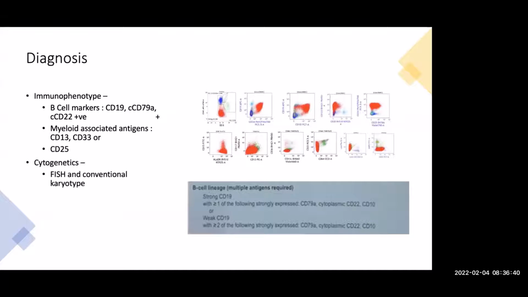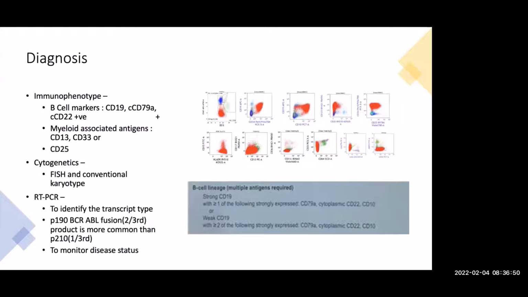The diagnostic confirmation of pH positive ALL is by demonstrating the translocation using FISH and conventional karyotype, and then subsequently we also need to identify the transcript type. Now, the identification of the transcript type is of importance because it helps us to monitor the disease later on.